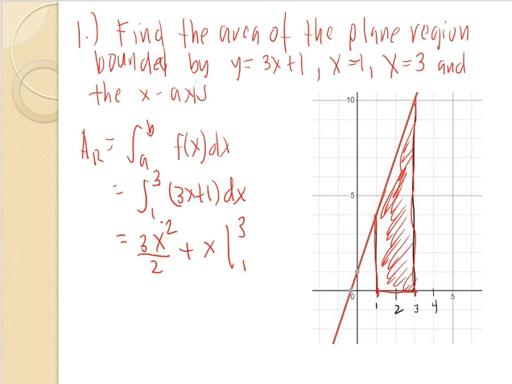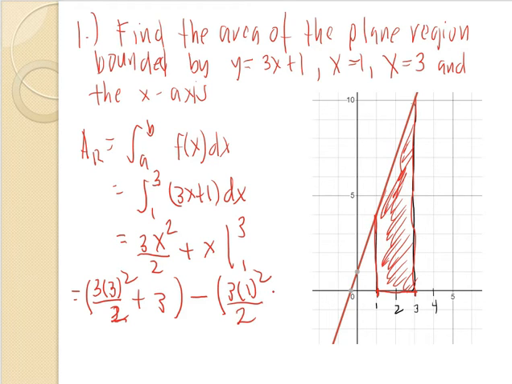Now we can substitute the limits. For x, first is 3 times 3 squared over 2 plus x is 3, minus, no? We get the difference. 3 times 1 squared, which is the lower limit, over 2 plus 1.